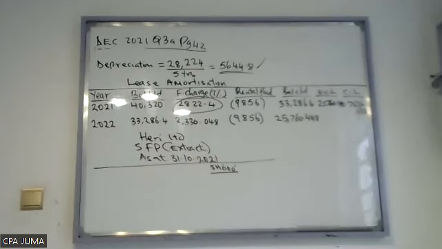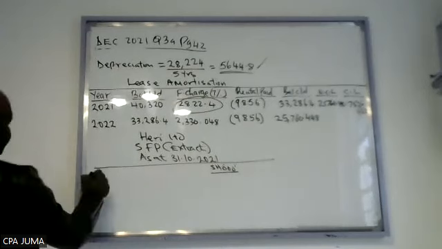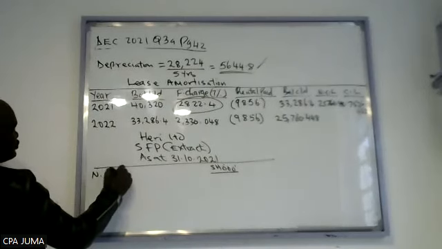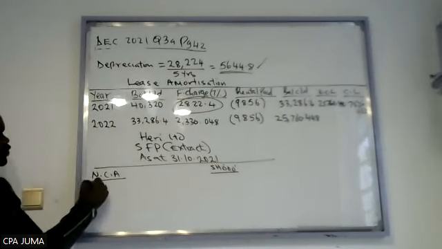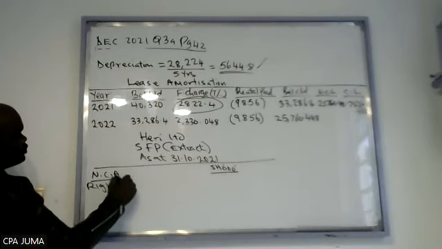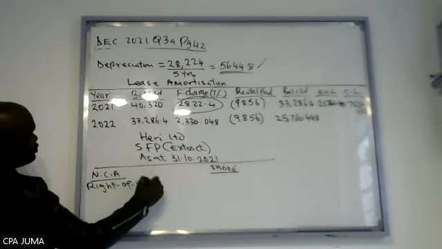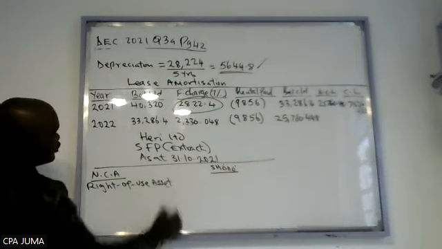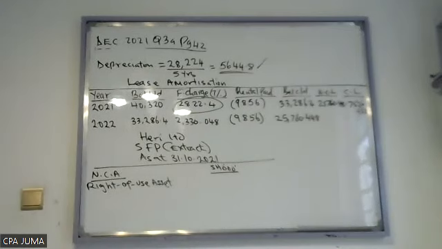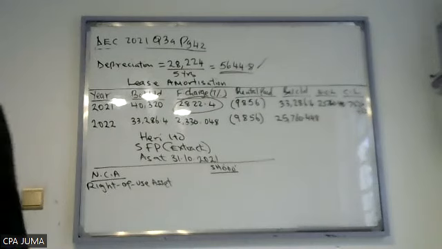Non-current assets, you bring the right of use asset. Can everybody remind me of that figure?